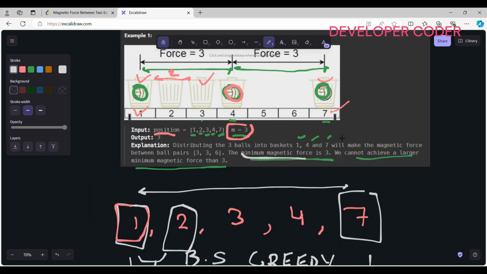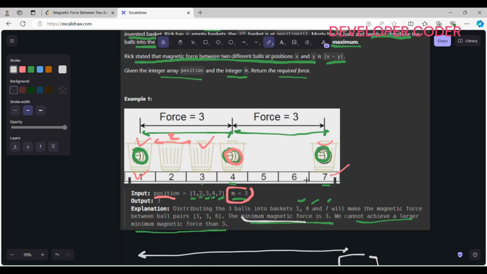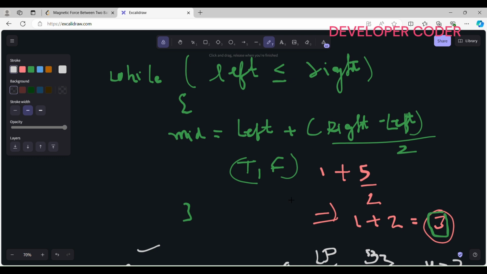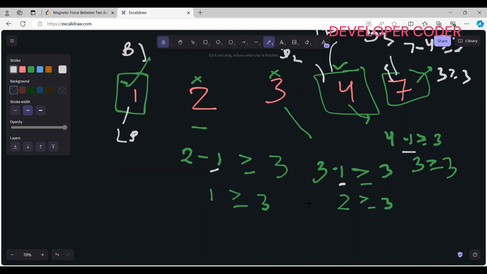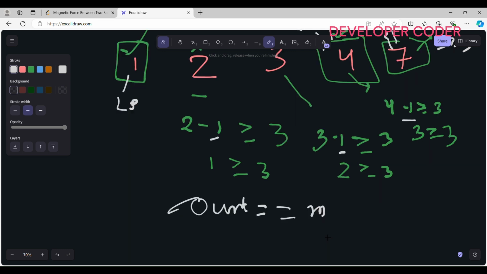The m value is nothing but 3. So if my count becomes equal to my number of balls, m, then in that case I have to simply return true.